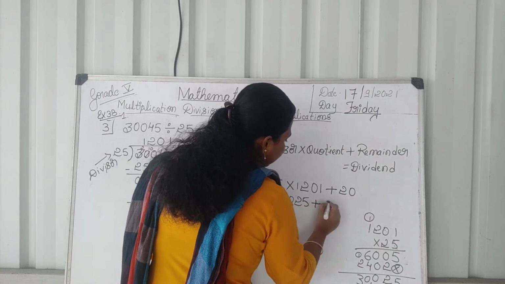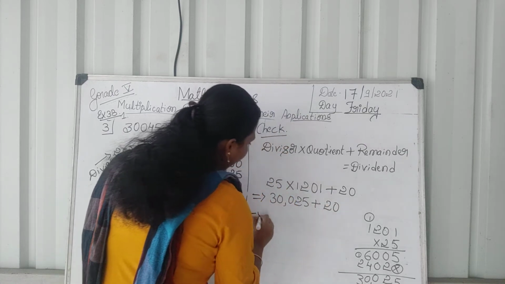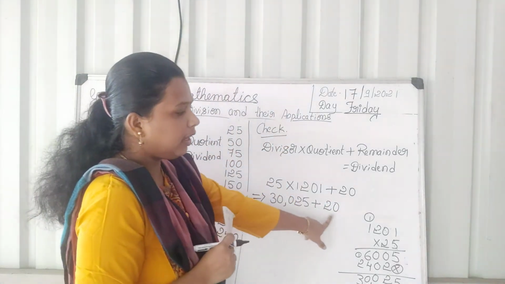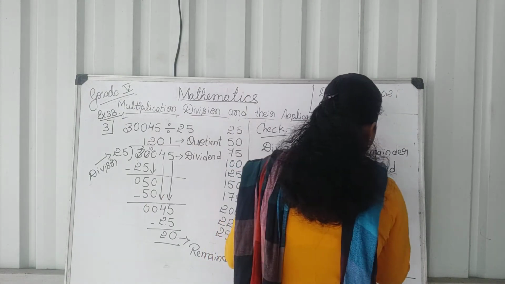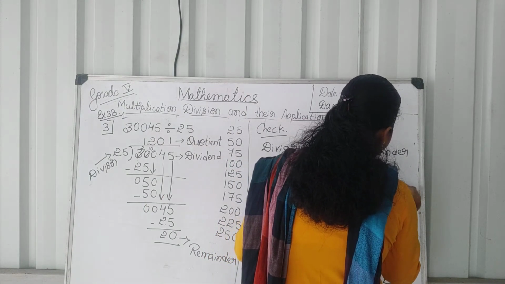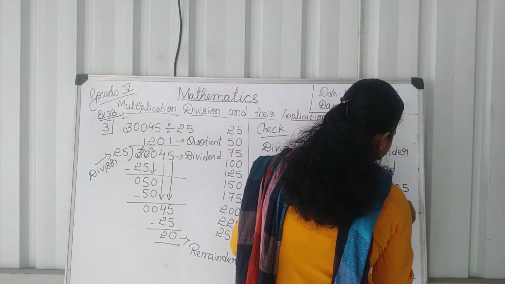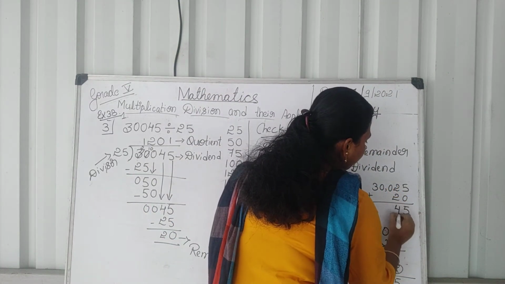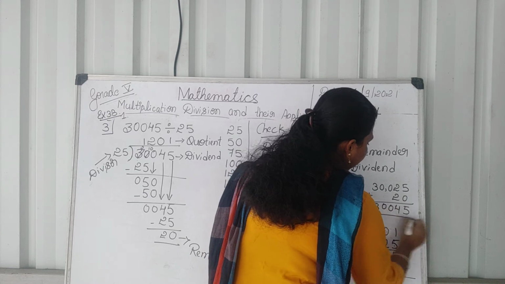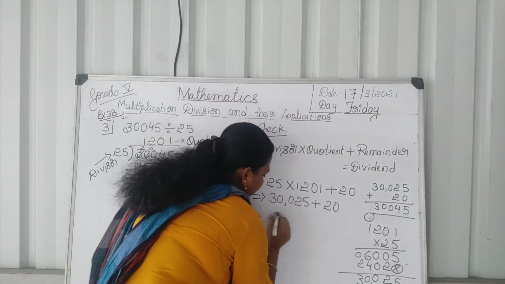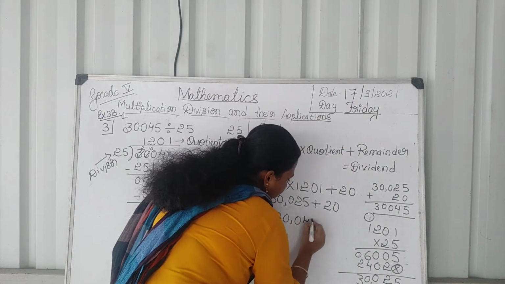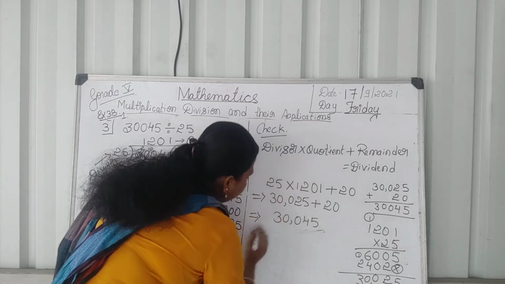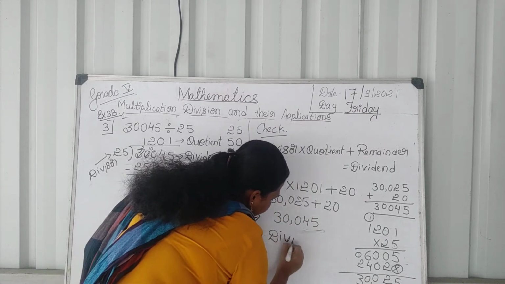Now add 30,025 plus 20. 5 plus 0 is 5. 2 plus 2 is 4. 0, 0, 3. 30,045, which is equal to the dividend.